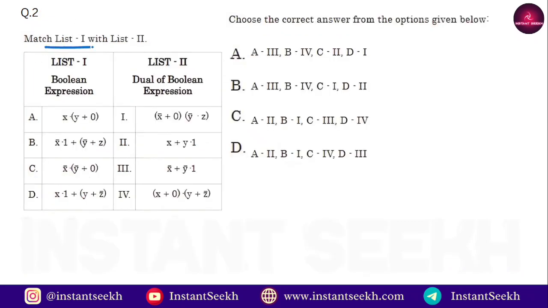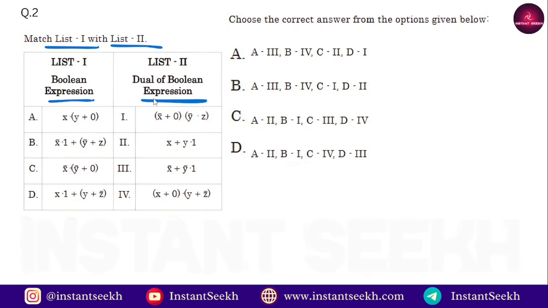Okay, a match the list question is given: Boolean expression and dual of Boolean expression. Respective Boolean expressions are given, and we need to identify the respective dual expression form of each. So always remember, whenever we are converting to dual, your dot becomes plus and plus becomes dot.